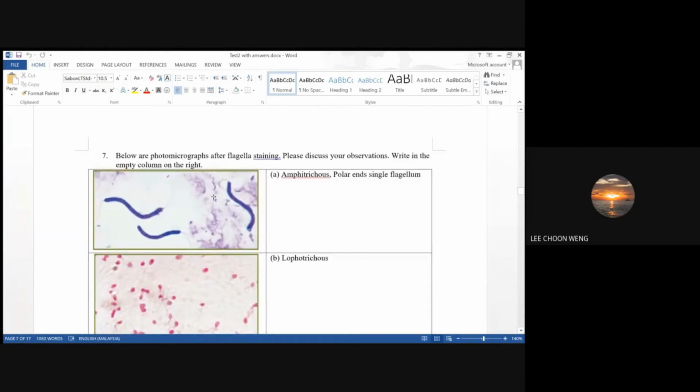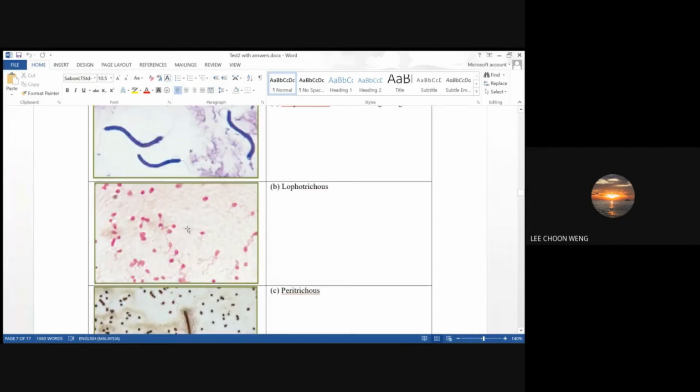So here is after flagella staining, you can see amphitrichous, polar flagella at both ends. Then here you can see lophotrichous, a tuft of flagella at one end.